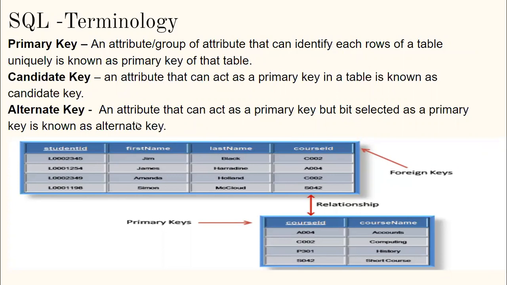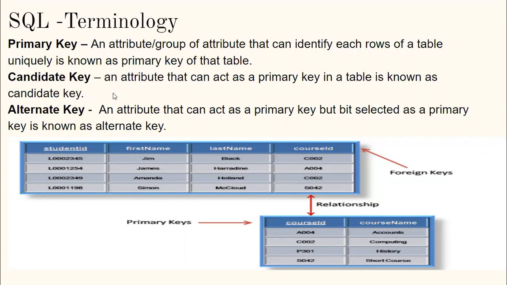In this particular table, the student ID acts as a primary key. With the help of the student ID, we can uniquely identify the record. So the student ID won't repeat. No one else has your student ID. So that type of value we can take as the primary key.